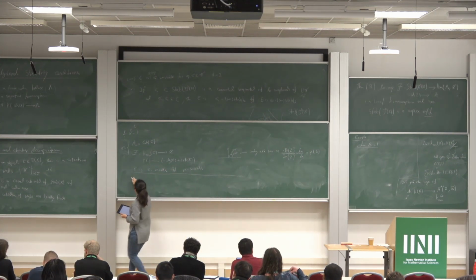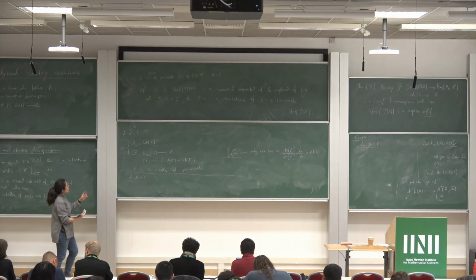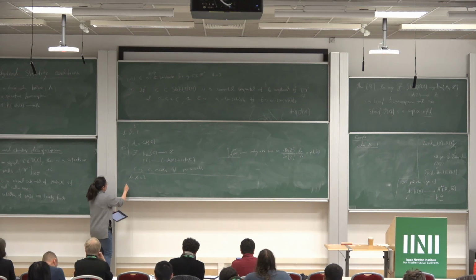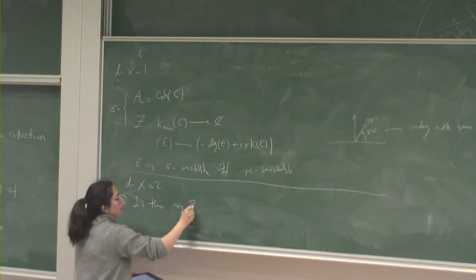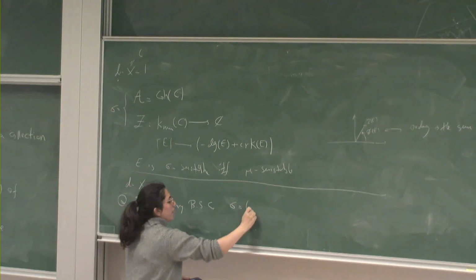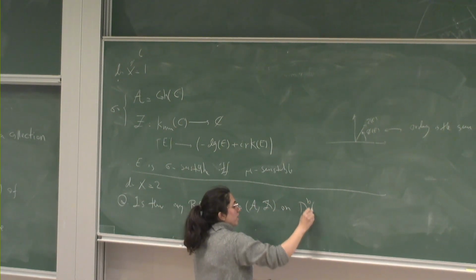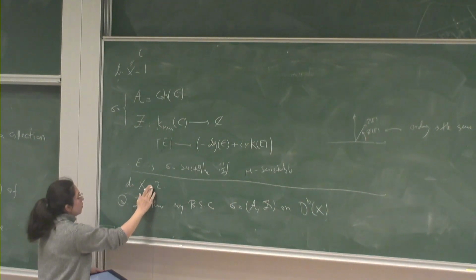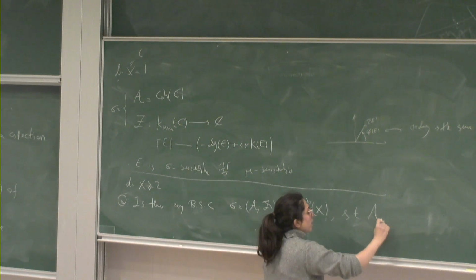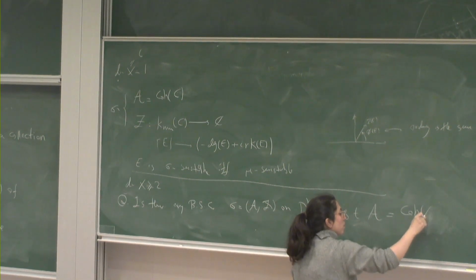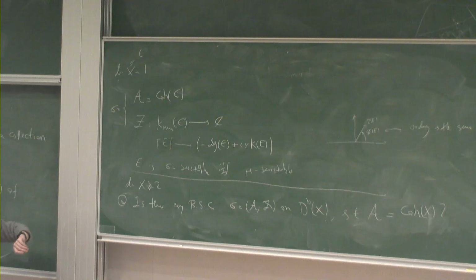So for instance, in the case of a surface, the question is: is there any Bridgeland stability condition sigma, with heart A and central charge Z, on the D^b of X, when the dimension of X is bigger than or equal to 2, such that A is the category of coherent sheaves on X? And unfortunately, the answer is no.